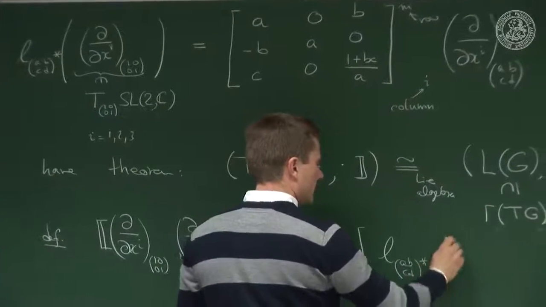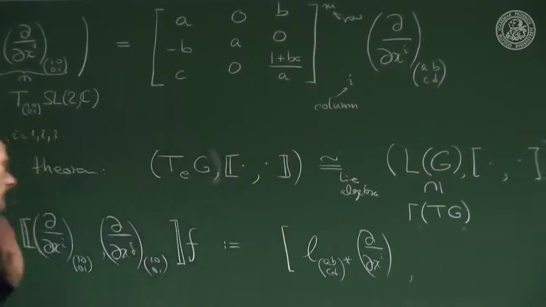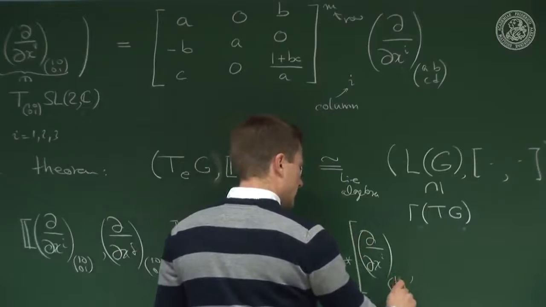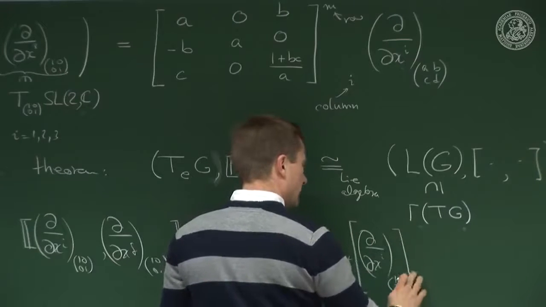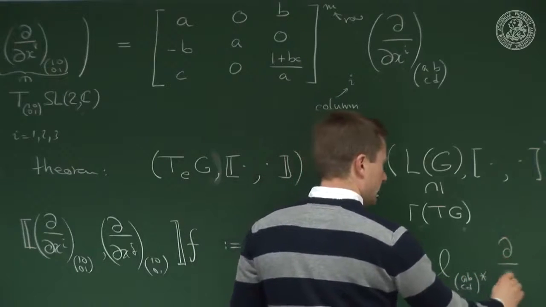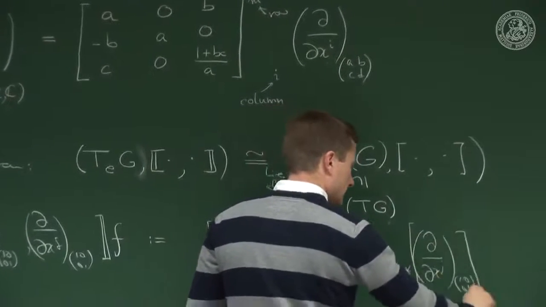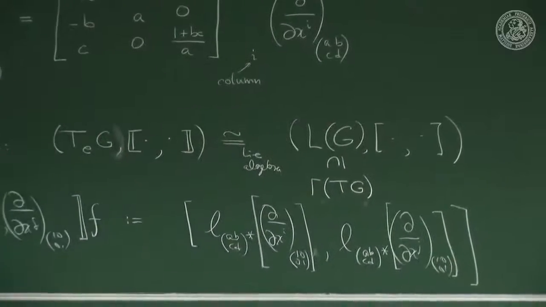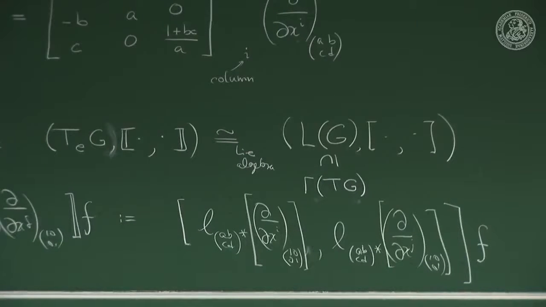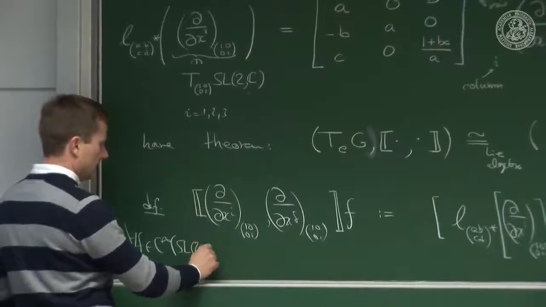We push forward the d by dxi vector to a point A, B, C, D in the manifold. So if we are really picky, we indicate here that this is a vector at the identity that's being pushed forward. And again, L, A, B, C, D, push forward of d by dxj at the identity here. It's like this. And now the differential geometric Lie bracket closes. We decided to define this by action on an arbitrary function f, which is a smooth function on SL2C.